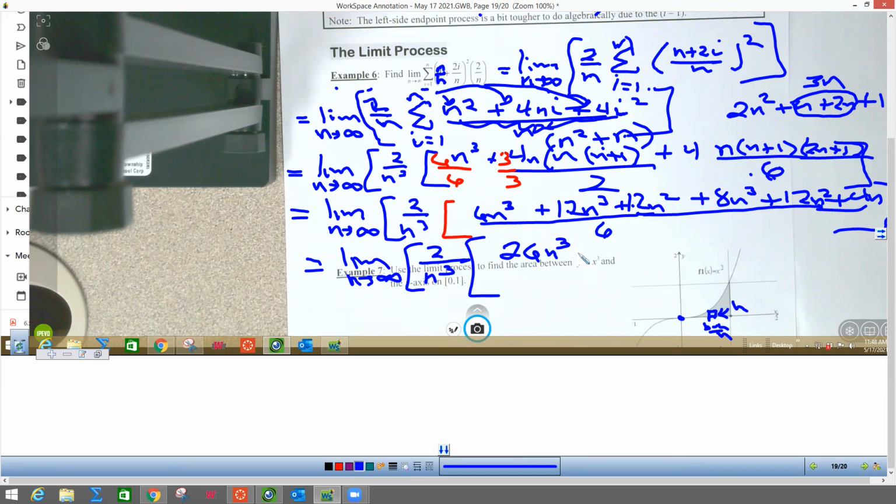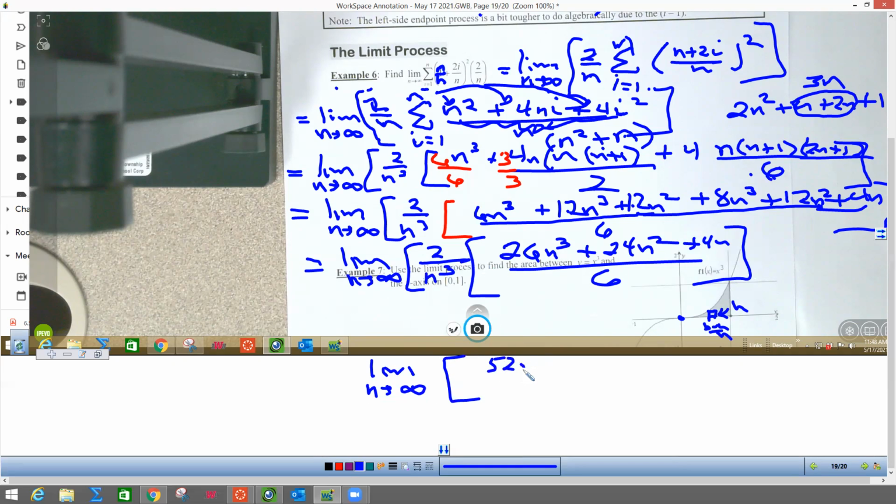I'm going to go ahead and write it down, but I need the biggest power. 12n squared and 12n squared is 24n squared. And then I got a 4n, all over 6. So then I'm going to go ahead and multiply the 2 by everything. That's going to give me 52n cubed plus, and again, this part doesn't matter.